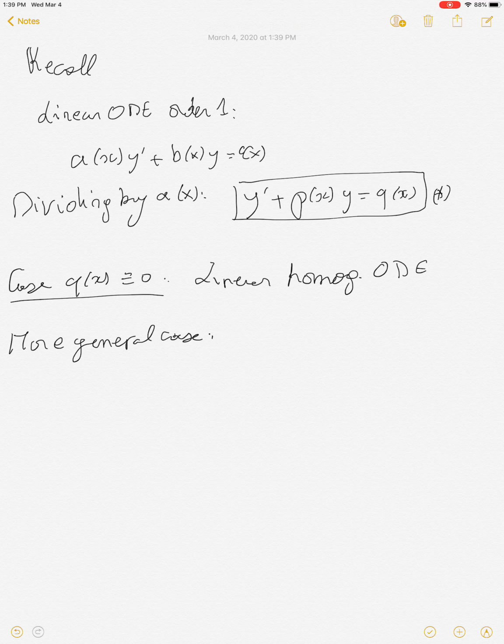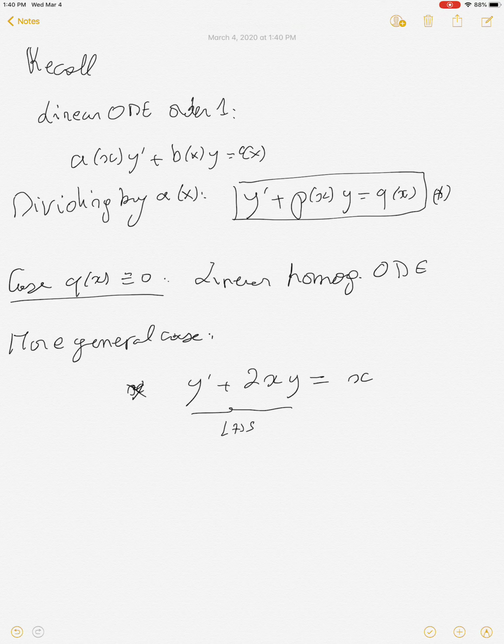And you might have seen in the previous video that if we have an equation of the form y prime plus 2x y equal to x, we were thinking by what we should multiply the left-hand side in order to get a total derivative.